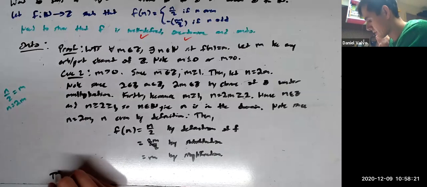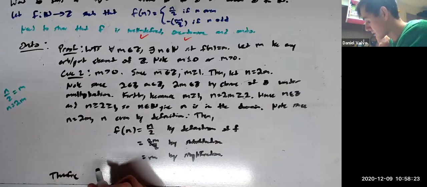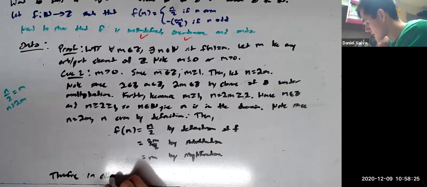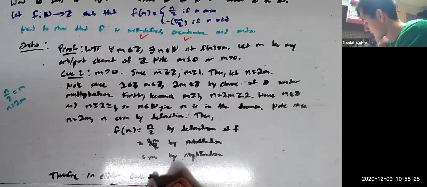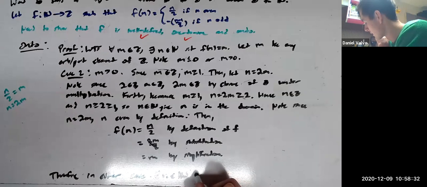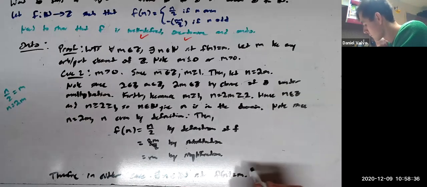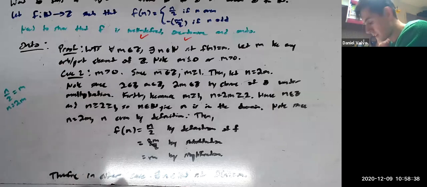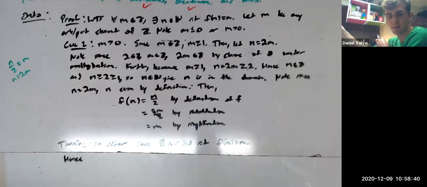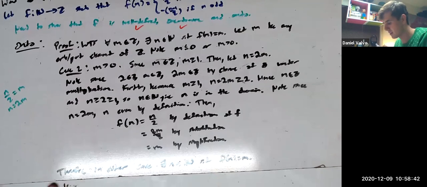Therefore, we did this for case 1 too. In either case, there exists an n in the domain N such that f of n equals m. Hence, you guys can see that.